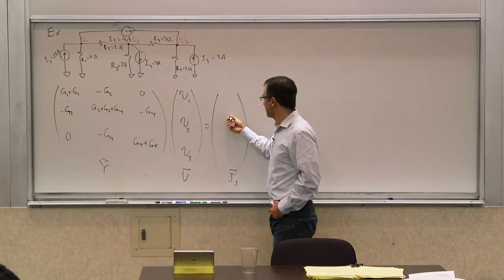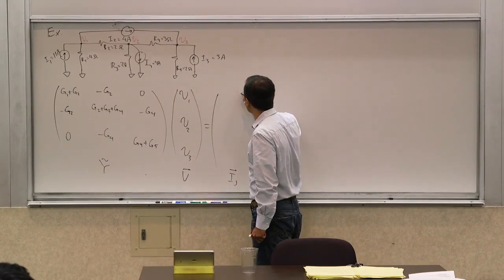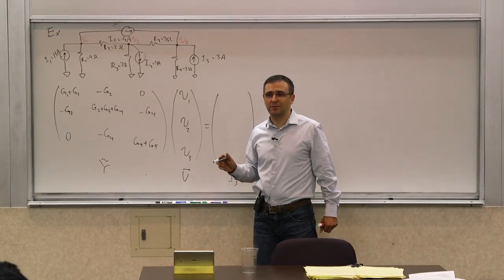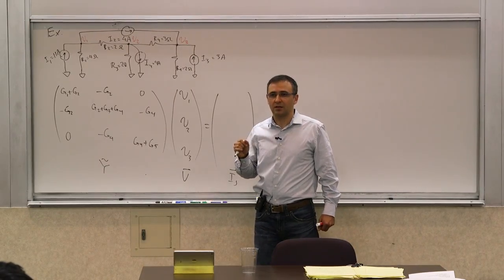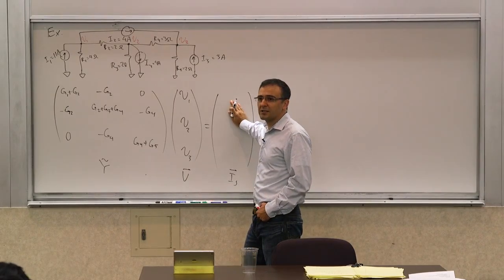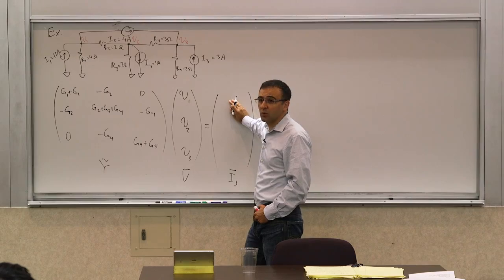We are not done yet. We have to also specify the stimuli vector. We said that in our convention, these were the currents injected into, or going into, the nodes. So what is the first term for node 1?